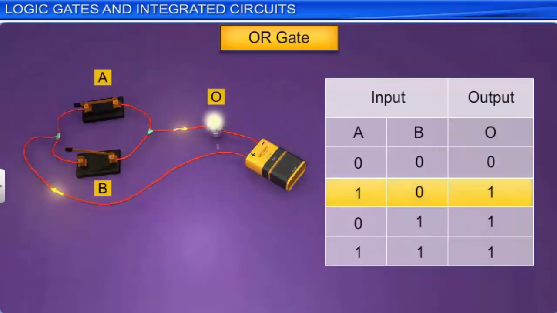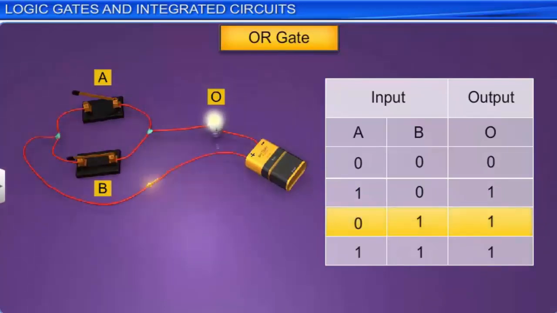When switch A is open and switch B is closed, input A is 0, while input B is 1. The bulb in this case again turns on. Hence, the output is again 1. When both switches A and B are closed, both the inputs A and B are 1.